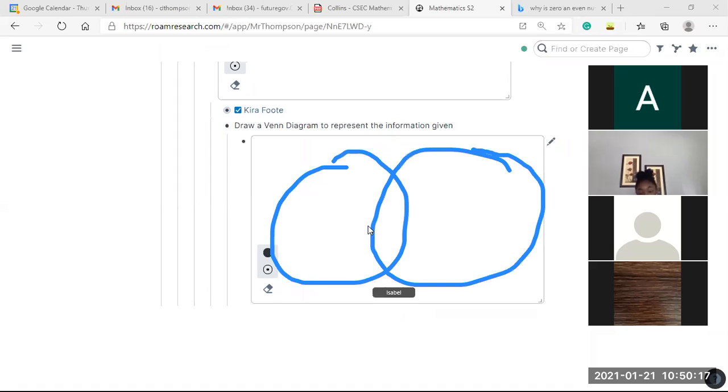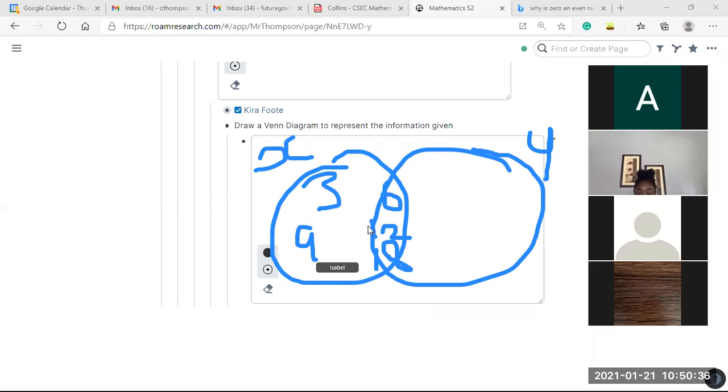Can you see it? Yes. This side is X, this side is Y, and the middle is 6, 12, 18. On the X side, you have 3, 9, 15. And the Y side, you have 0, 2, 4.